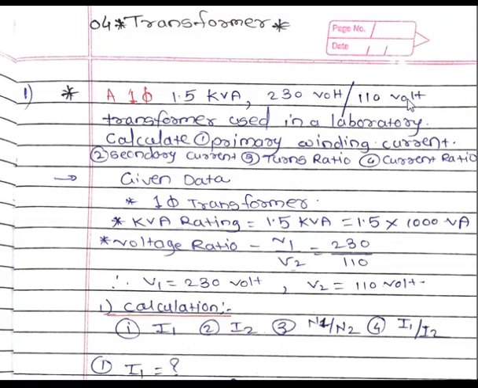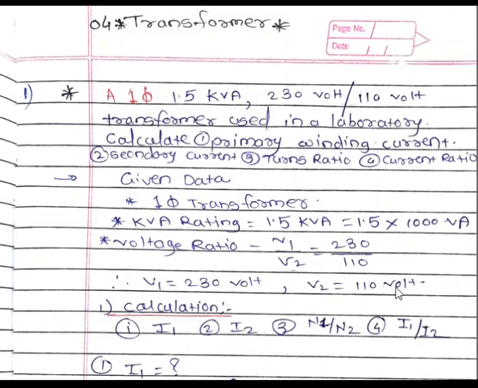Now here two voltages are given, that is, the transformer voltage ratio, which is 230 volt by 110 volt. Here the voltage ratio is equal to V1 by V2, which is equal to 230 volt by 110 volt. That means voltage V1 is equal to 230 volt and voltage V2 is equal to 110 volt.